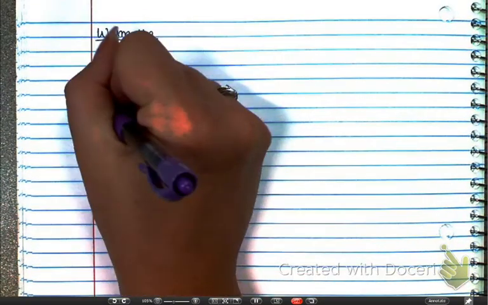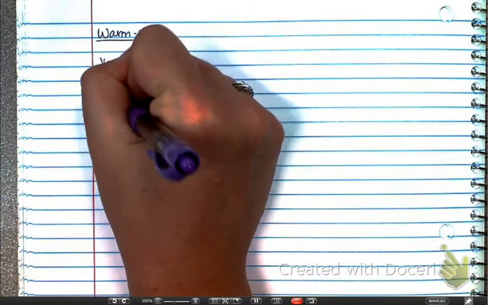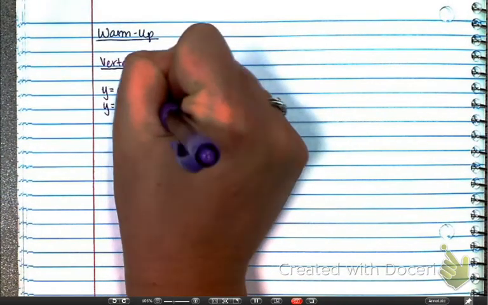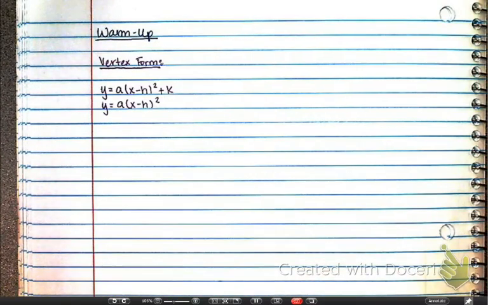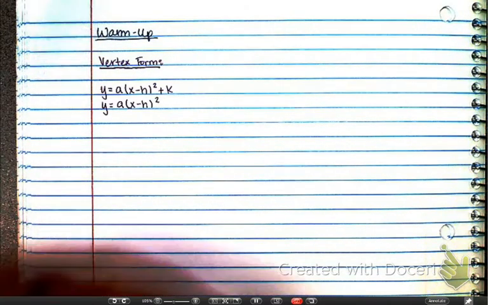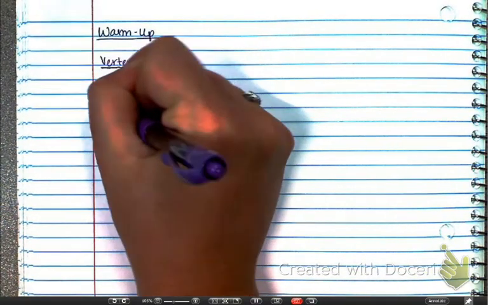But it could also look like this. That's also vertex form. What's missing? K, which means your y value is 0. Okay, you know what your x value is, your y value is 0. It can also look like this.